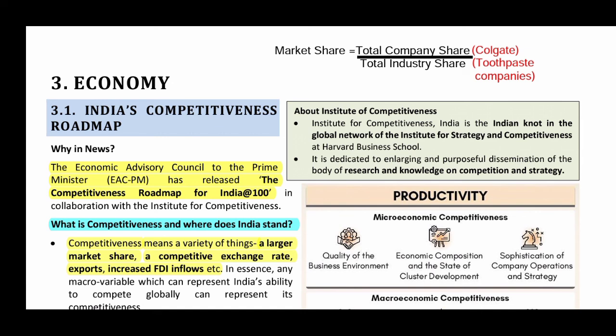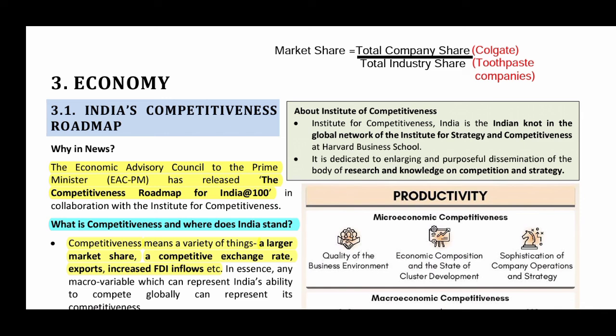So this is market share. It means total company share, that is Colgate, upon total industry share, that means toothpaste companies. Then the exchange rate, and why it needs to be competitive. And market share must be larger.